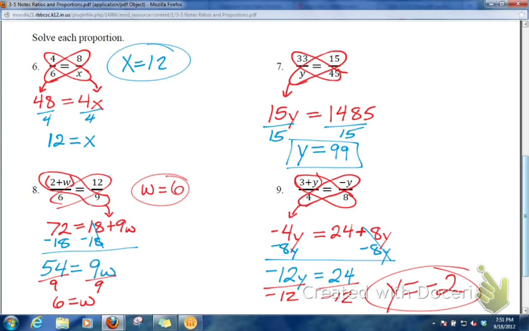Now, I do want to mention that we will be doing story problems in this case. And when we do story problems, which we'll be doing some examples in class, obviously, what you need to make sure you do is when you set up your ratio, make sure that you have the same units in the numerator as you do in the denominator.